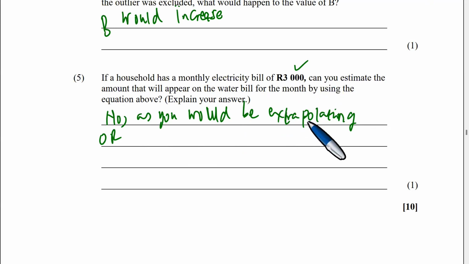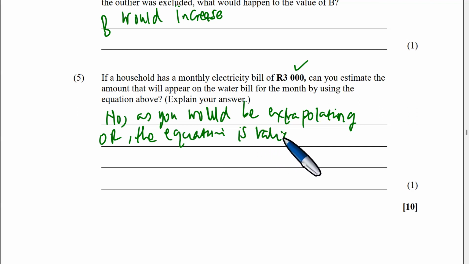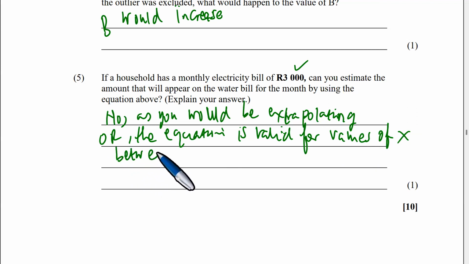So this 3,000 is outside. The equation is valid for values of x between 100 and 1,000.